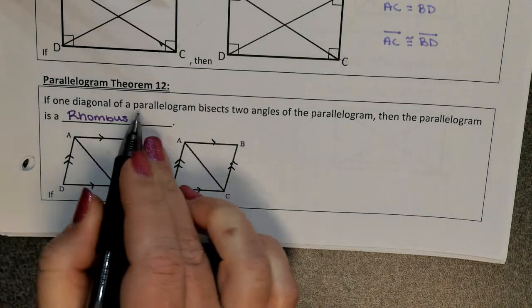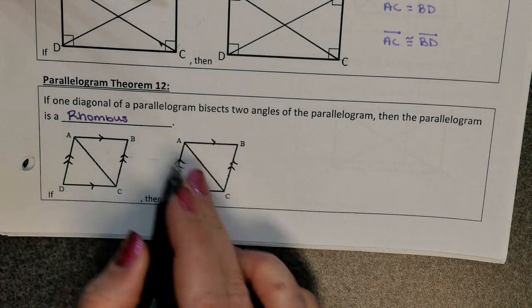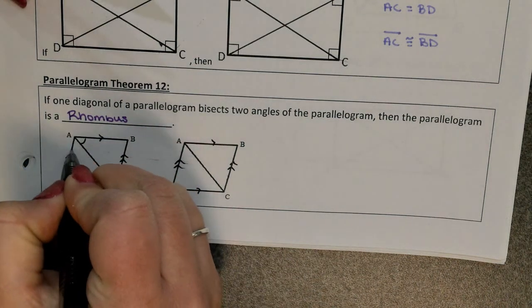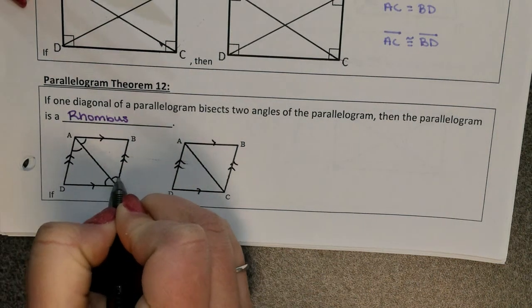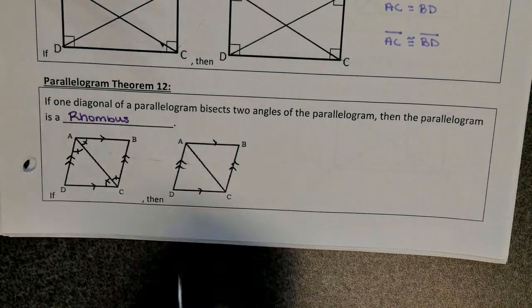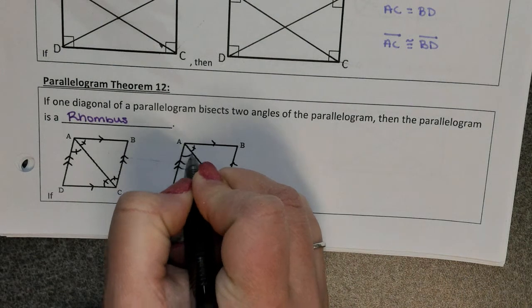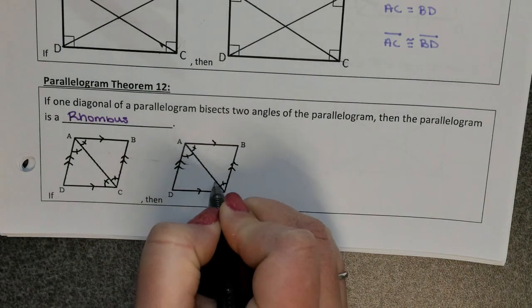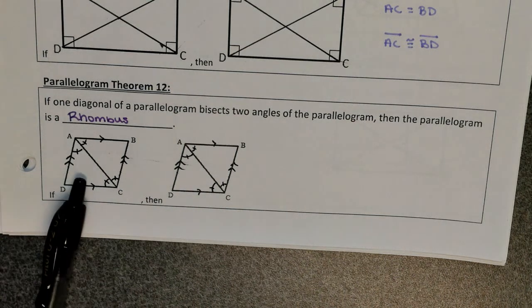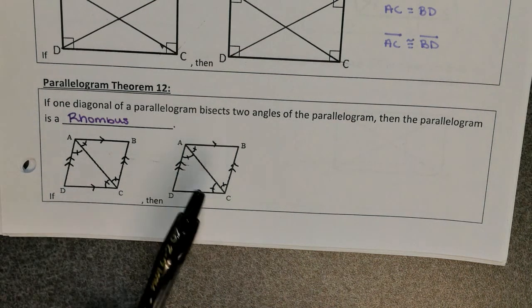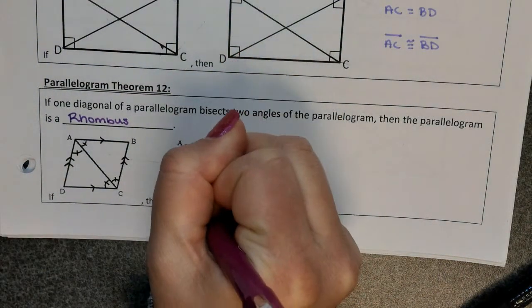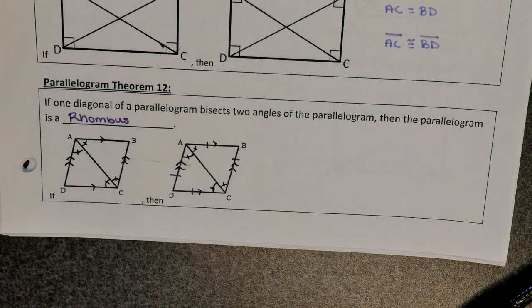Okay, so if one diagonal of a parallelogram is bisecting two angles, so it's still bisecting those two angles over here, then we know that this must be a rhombus. So what that allows us to do is it says, oh, then all four of these sides must be congruent.